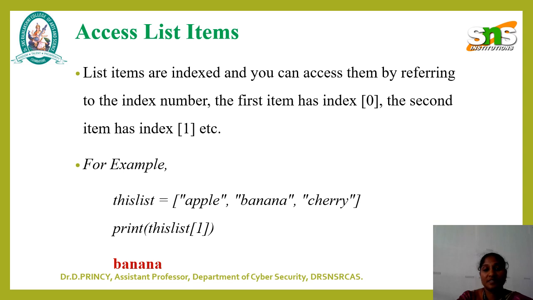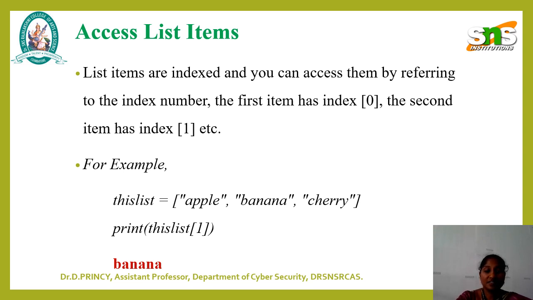Accessing the items. We can access the items in a list by referring to the index number. The first item starts with index 0, the second one with index 1, and so on. For example, this list, list1, is the list name and it has three elements: apple, banana, cherry.